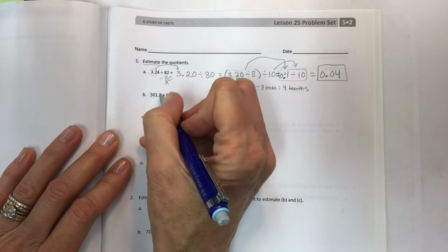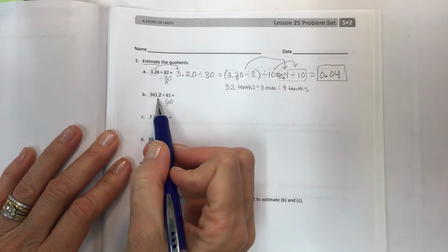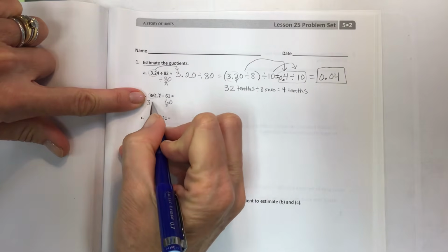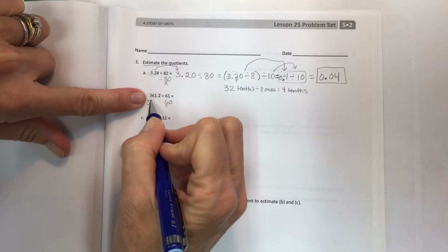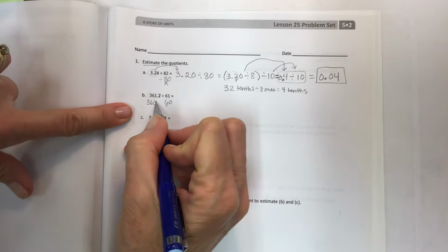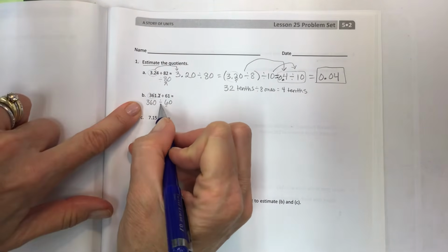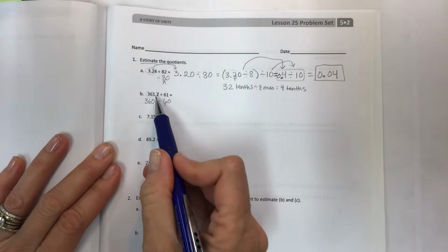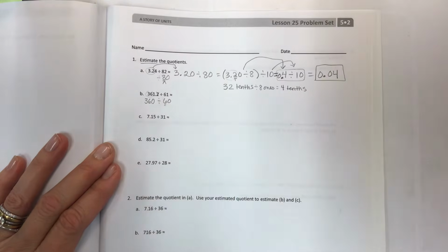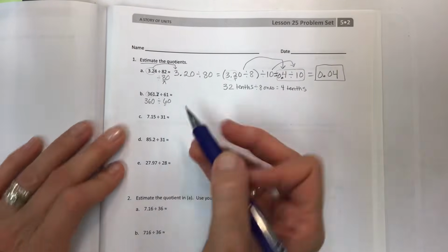This 0.2 here, because it's so small and not part of that skip counting, let's take 3 in the hundreds place, 6 in the tens place, change the 1 in the ones place to a 0, and then drop that 0.2. It's just so small, we don't have to use that. As long as you get all the way back to the ones place, that can be your whole number.